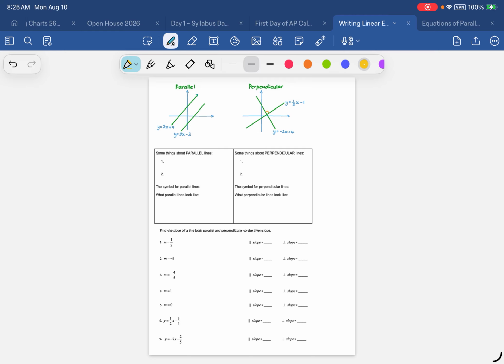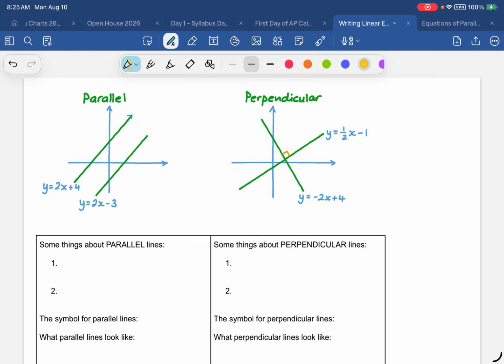Before we get into that too far, I want everyone to remember what parallel and perpendicular are. Parallel lines will never intersect or cross, and they have the same slopes, the same rise over run.